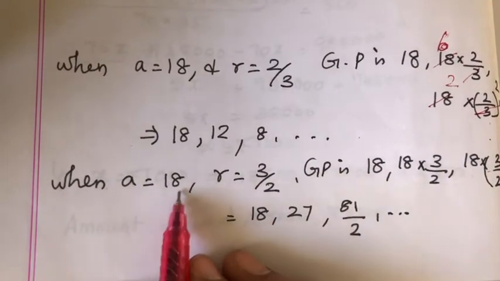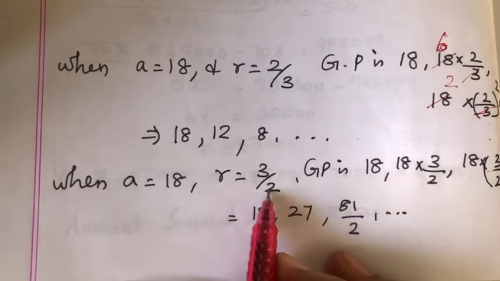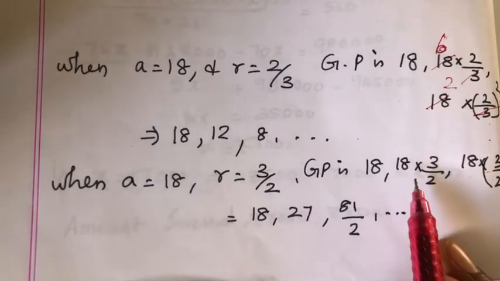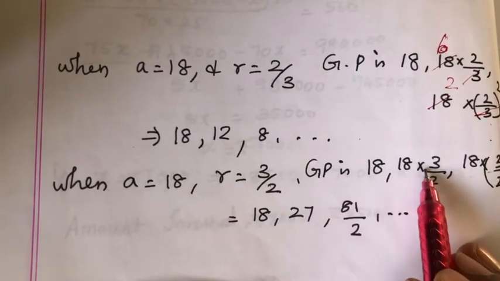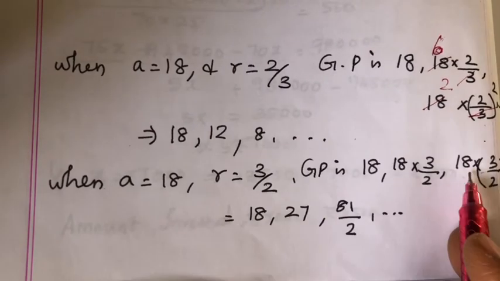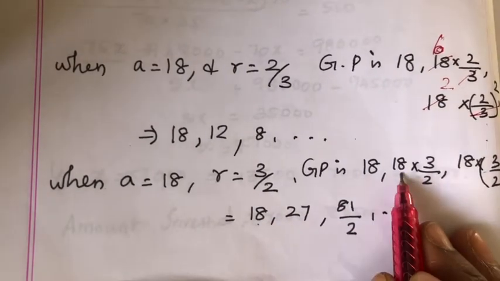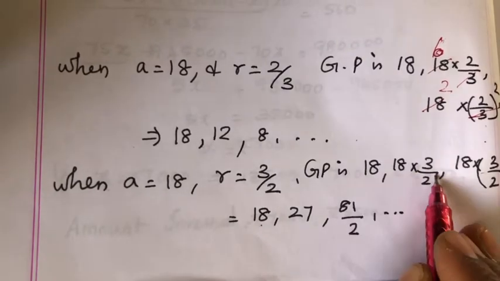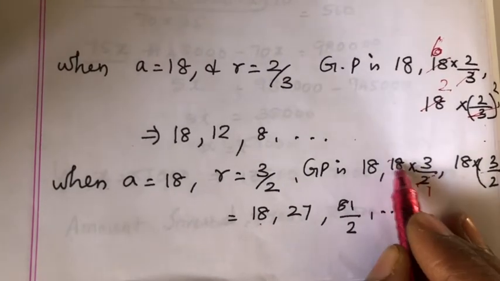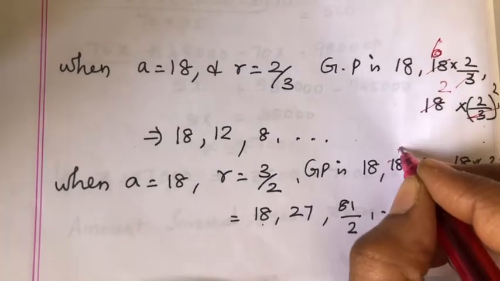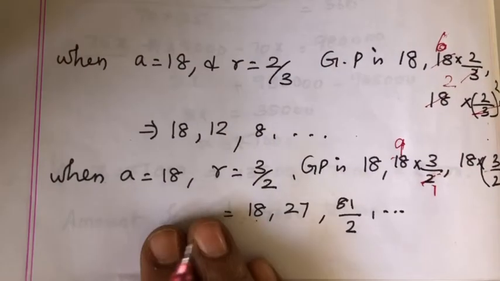When A is equal to 18 and R is equal to 3 by 2, similarly the GP is 18, 18 into 3 by 2, 18 into 3 square by 2 square. First term is 18. Second term is 18 into 3 by 2. So 9 2s are 18, 9 3s are 27.